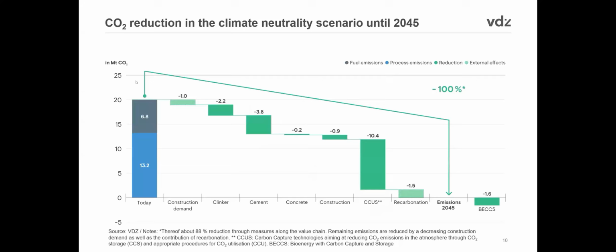When we go to the CO2, you see here that we start in our country with 20 million tons annually today. And you see the levers: the construction demand will slightly diminish. Then we have savings that we can take at the clinker plant, which is also biomass and alternative fuels. But the main point I would like to draw your attention to is how we can use recycled materials as main constituent in cement.